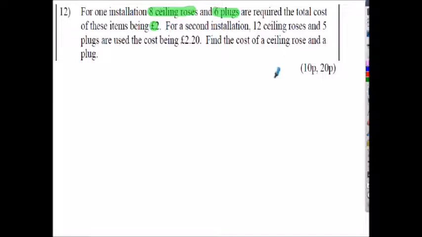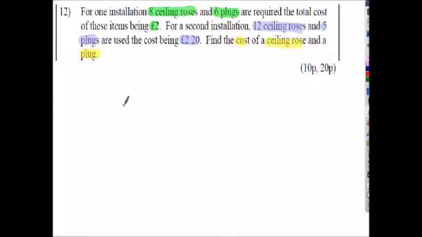And for a second installation, 12 ceiling roses and 5 plugs were required at a cost of £2.20. We've got to find the cost of a ceiling rose and a plug. Just note for reference that a ceiling rose is a decorative element affixed to a ceiling from which a light fitting is often suspended. That's just the context of the question here.